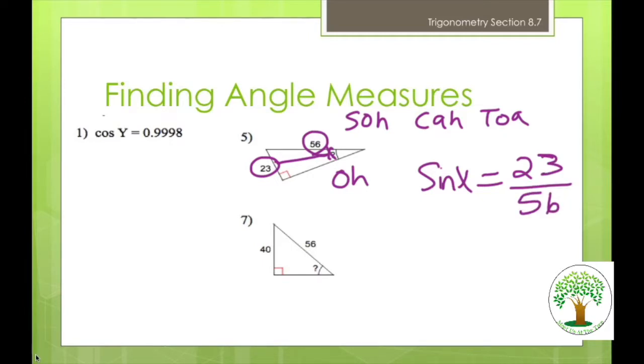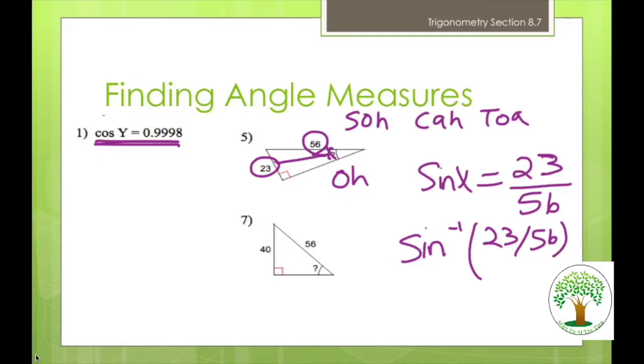Yeah. So, just like number 1, it's going to be second sine. You have to use the second or the inverse. And I would not put the decimal in. I would put 23 over 56 in the parentheses and close your parentheses when you're done. So on your calculator, type in your second key, sine inverse, 23 over 56, and I would close your parentheses if you need it.